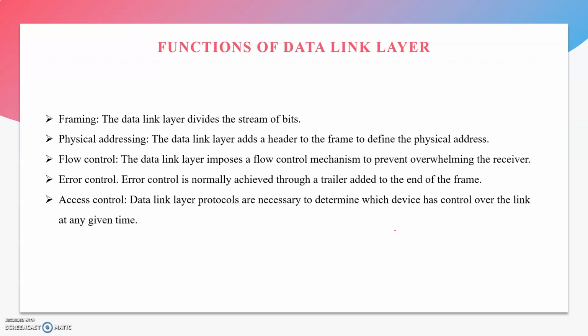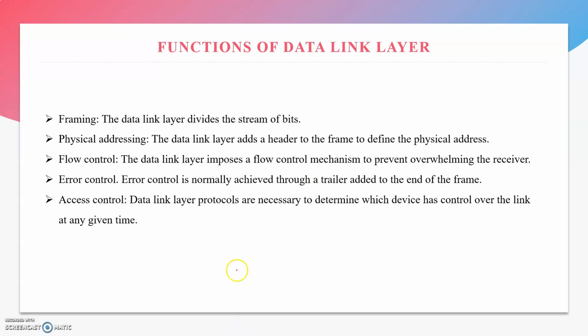Error control is normally achieved through a trailer added to the end of the frame, so that the receiver can determine whether the frame is meant for it. There are many methods and protocols to detect errors and control the flow. Using these, the data link layer manages flow control and error control.